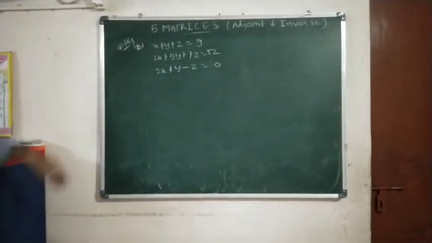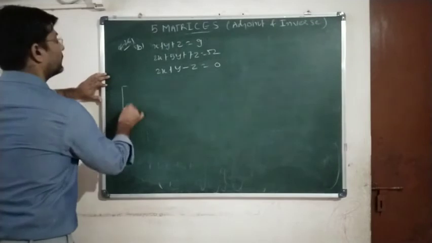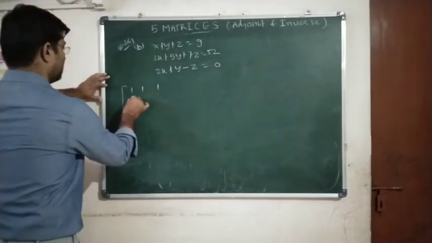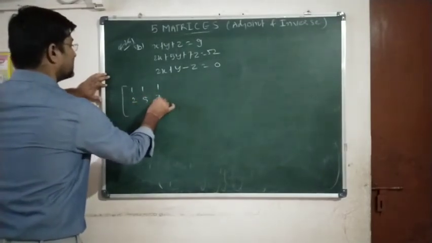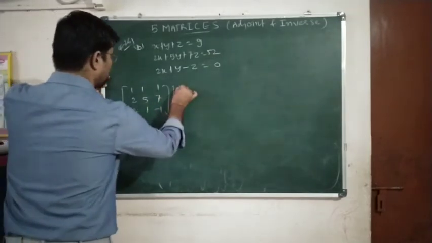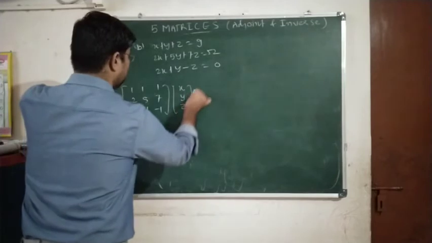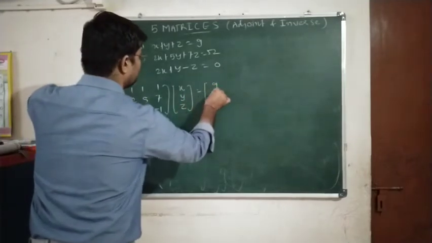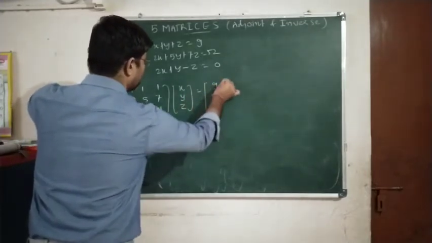Okay, so let us write a matrix equation for this: 1, 1, 1; 2, 5, 7; 2, 1, minus 1 into x, y, z is equal to 9, 52, 0.